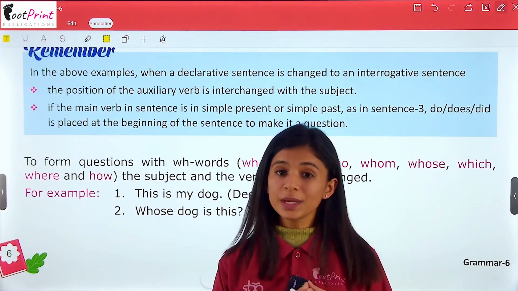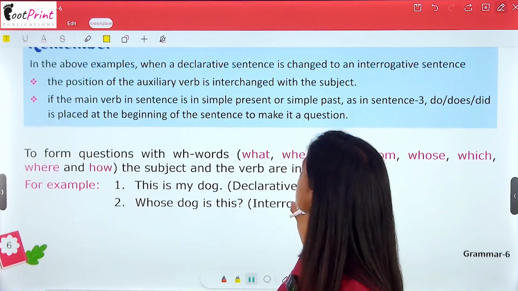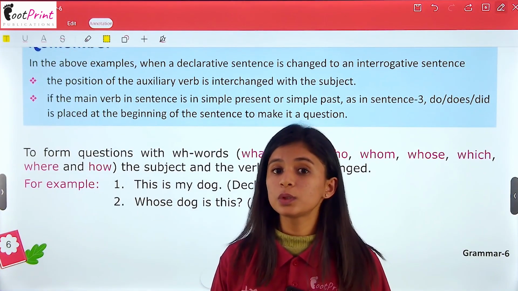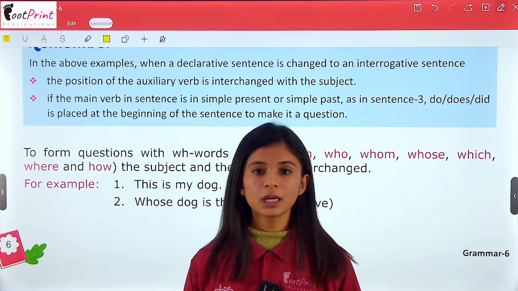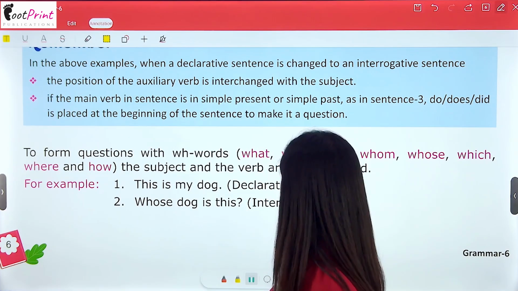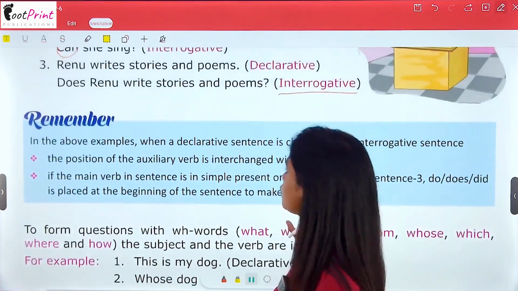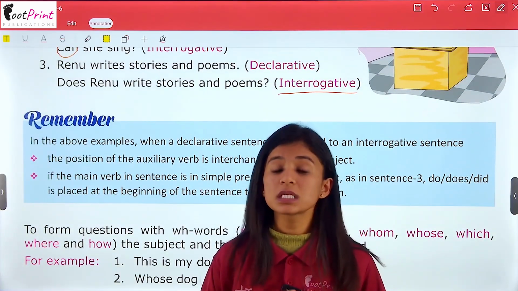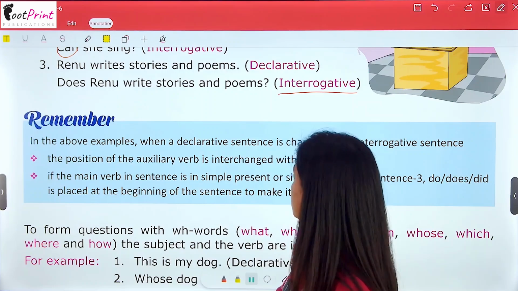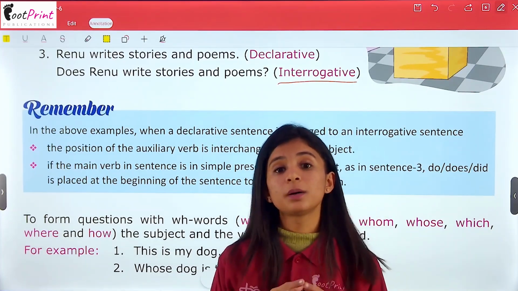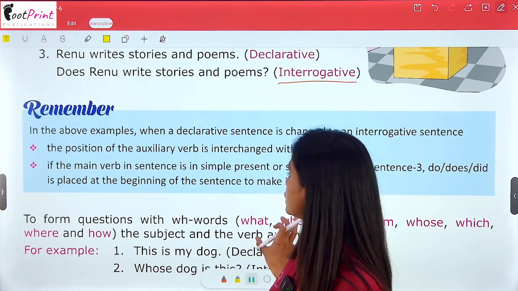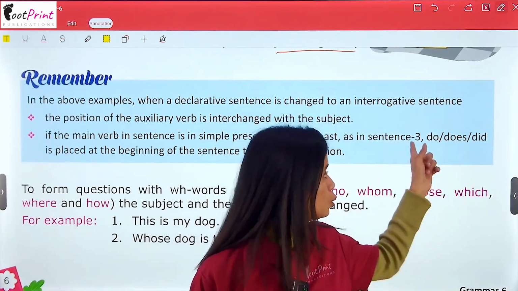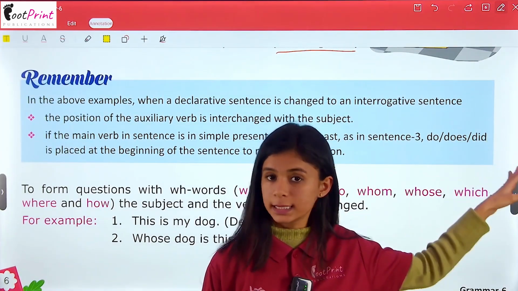So, like we have studied, the position of the auxiliary verb will be replaced with the subject when we are making interrogative sentences. And one more point for you to remember is, when your sentence has a simple past or a simple present verb, it will begin with do, does or did.